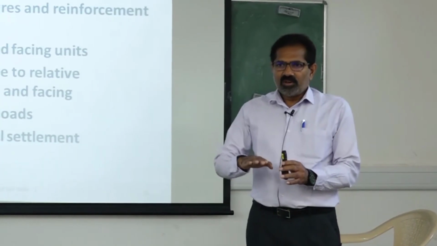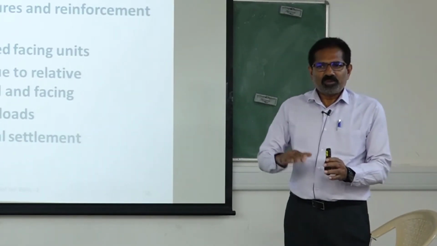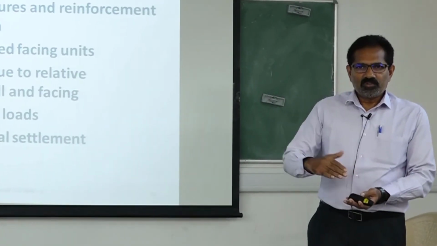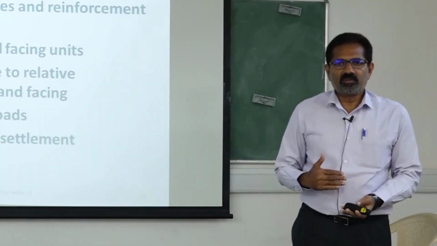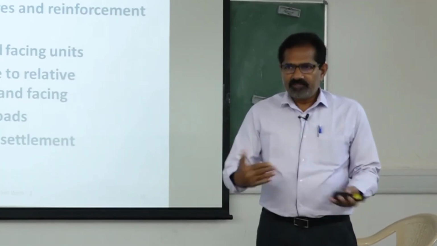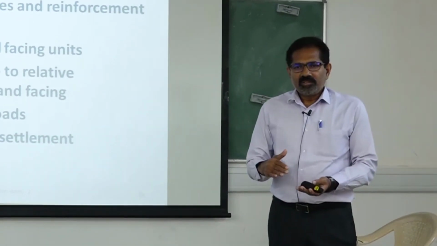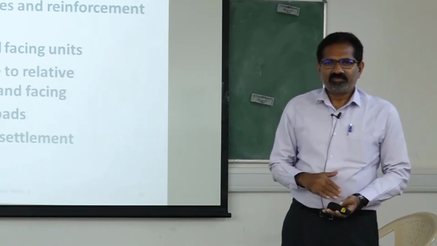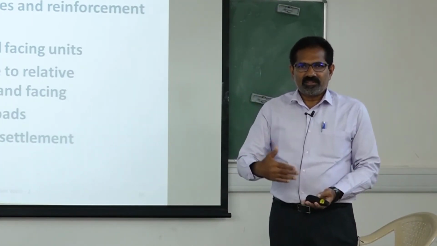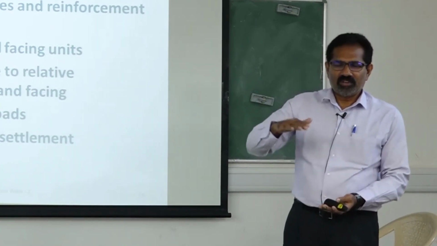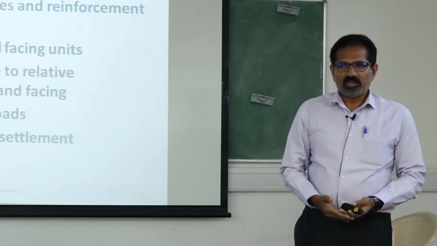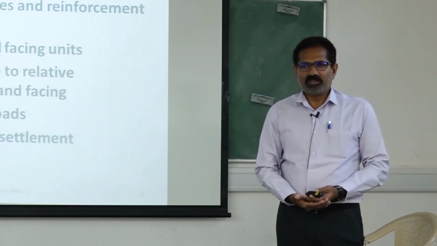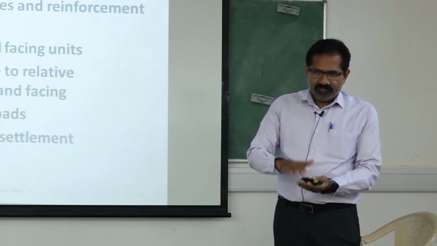The fill is soil, and if it is properly compacted, there should not be much internal settlement. If it is compacted to probably 95% modified Proctor, then even if you place 5 or 10 meters of soil above that, it should not ideally settle. Internal settlement comes in an earth ramp, probably 50 meters or 100 meters high. But here it shouldn't happen. Sometimes, though, our compaction is not proper, especially the lift thickness.